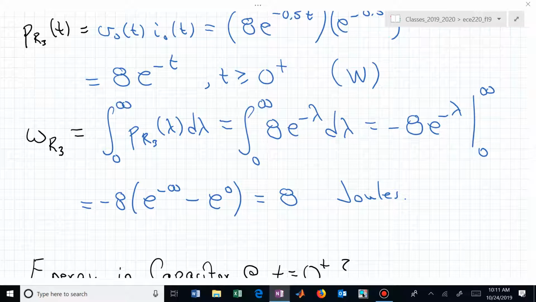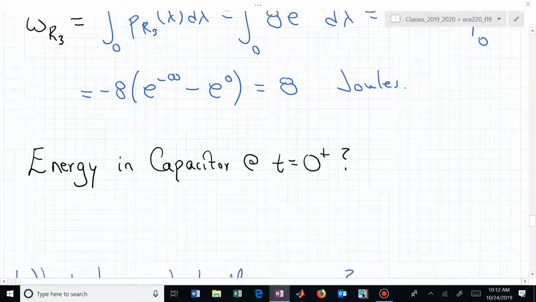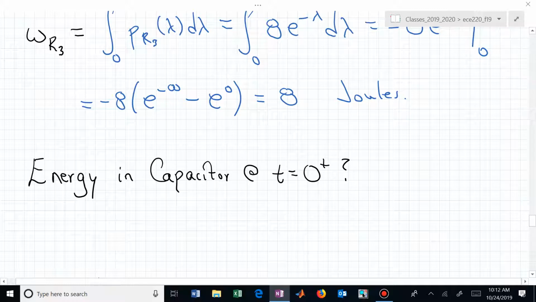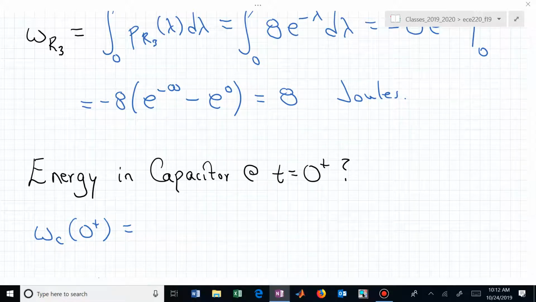How much energy was in the circuit to begin with? Well, we can find the energy in the capacitor at t equals 0 plus. Going back, what's the energy in a capacitor? Do you remember the formula? For Exam 3, you'll have to remember this.